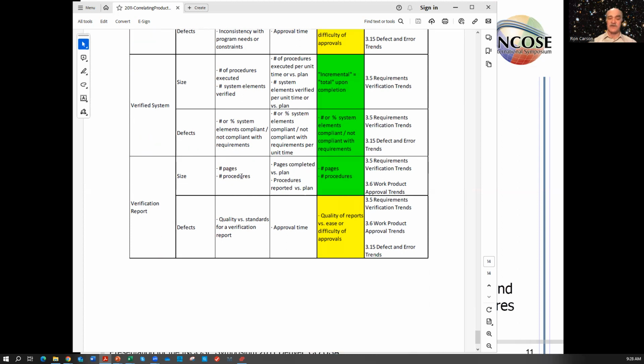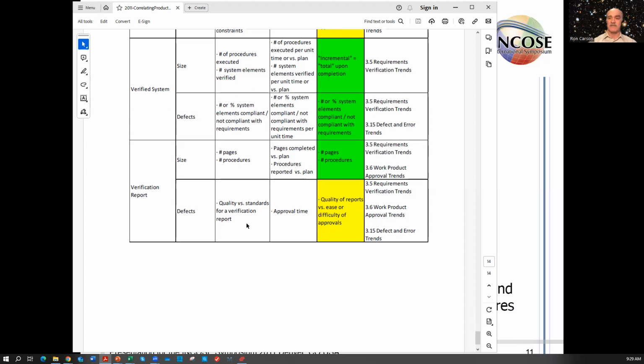Quality of the verification report could be measured by quality with respect to standard, but the process measurement might be difficult to establish other than how long does it take to get approval. Some elongated approval time might indicate that there are issues with that work product.